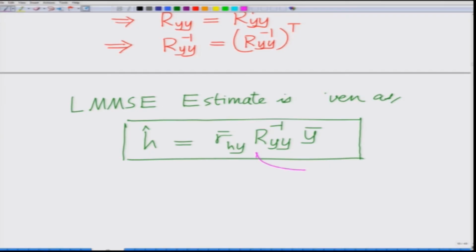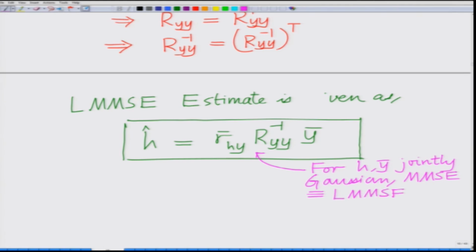So, the point to remember here is, for the scenario for h, Y bar jointly Gaussian, your MMSE is identical to LMMSE.